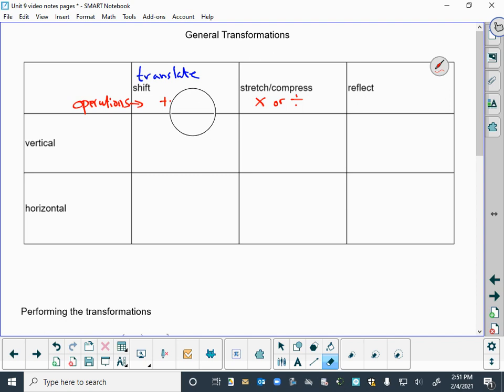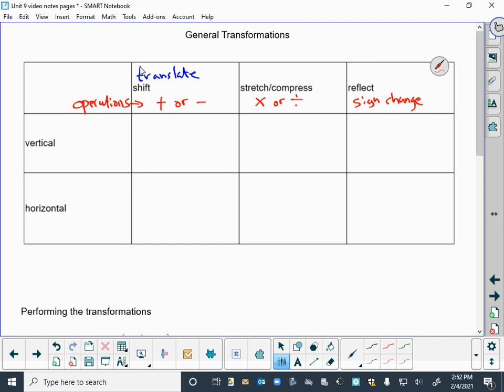I'm going to call that add or subtract over there for some consistency. Reflections are sign change, which is accomplished by multiplying by -1 or dividing by -1. Either one of those would do that. So it's kind of like a stretch or compression, but accomplishes something different visually.